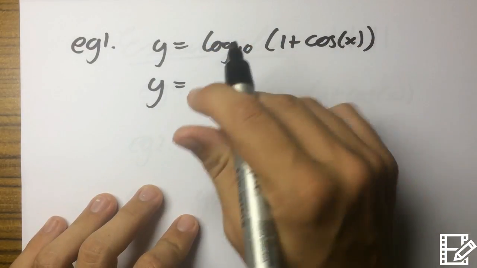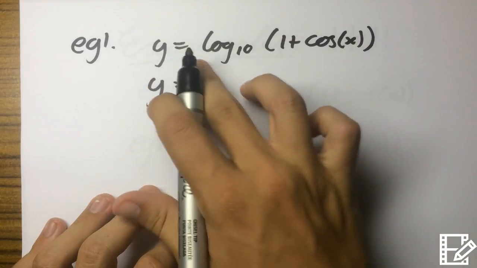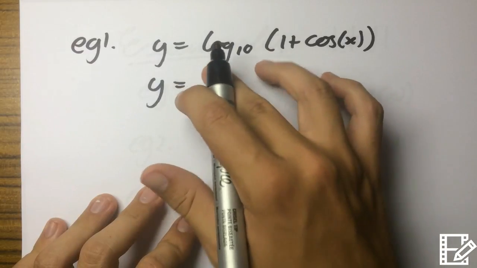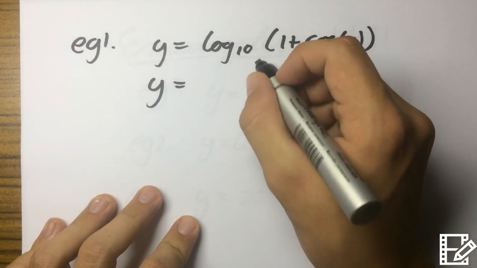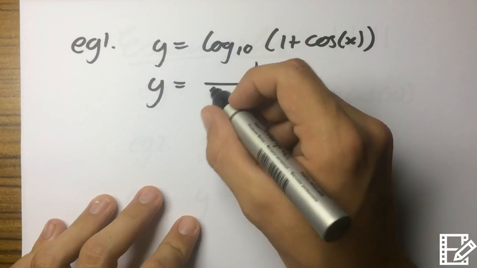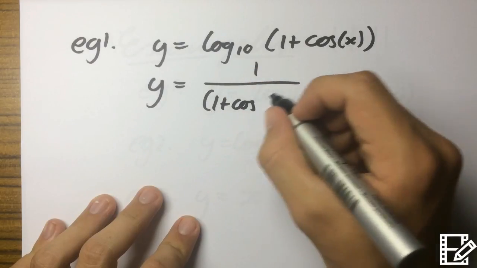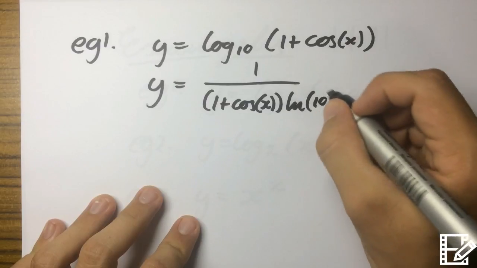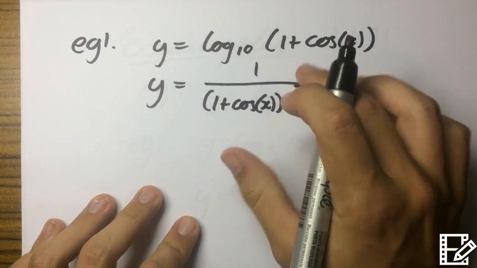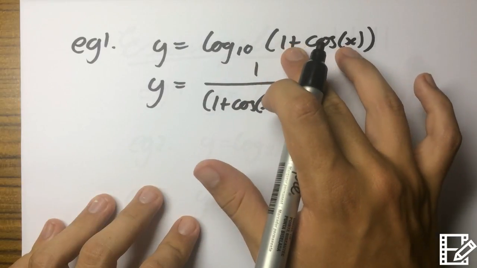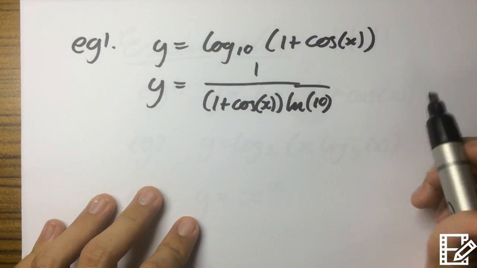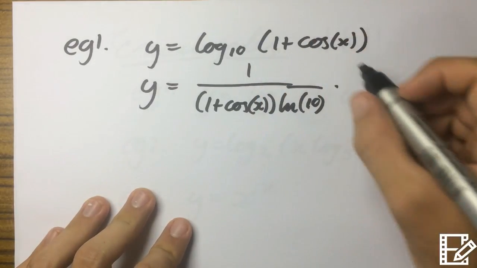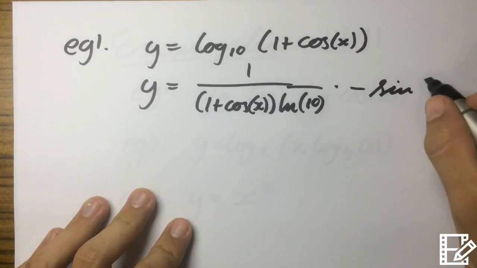I'm going to use the actual log law, not convert it to natural logs, which will mean 1 over 1 plus cos x, ln 10. So I basically have 1 over this multiplied by the natural log of the base, multiplied by the derivative of the inside, which is negative sine x.